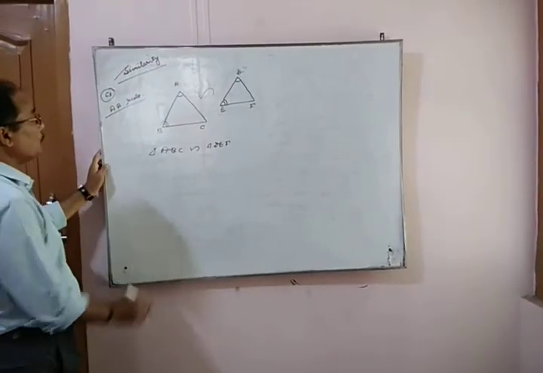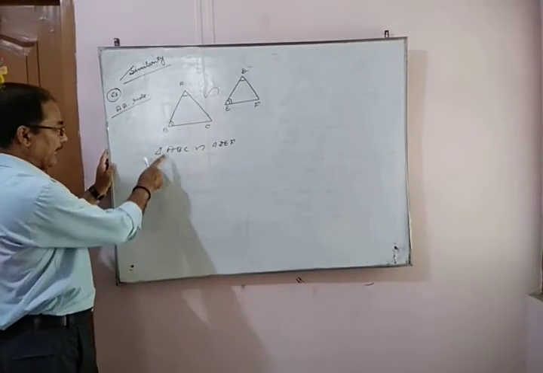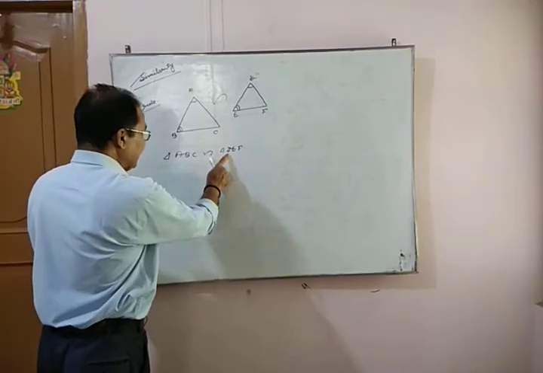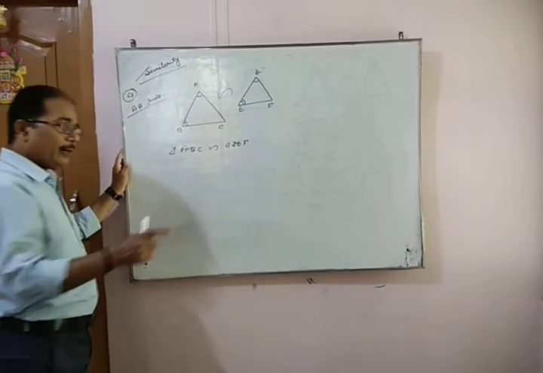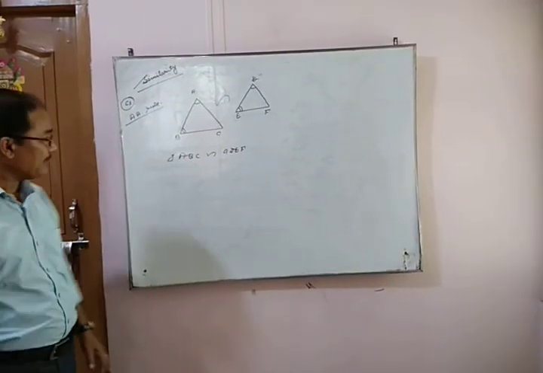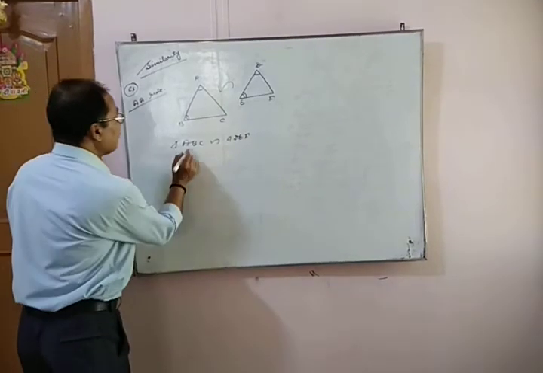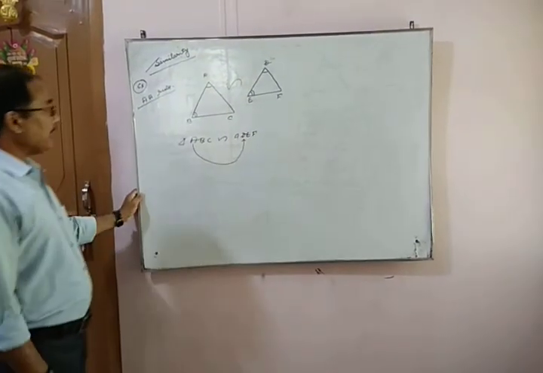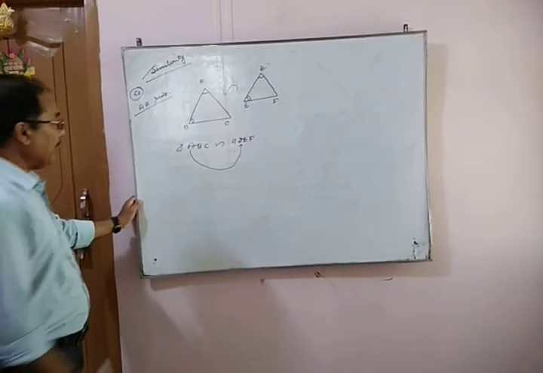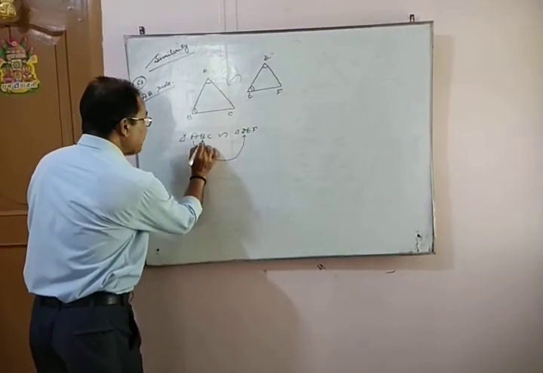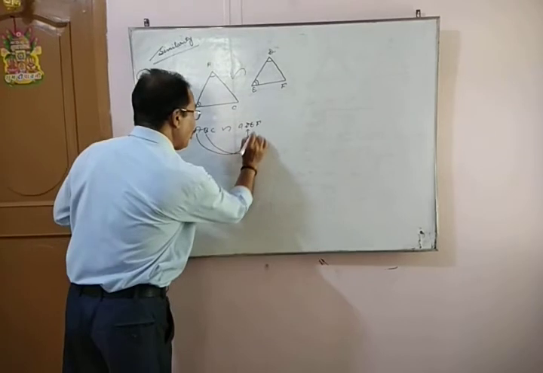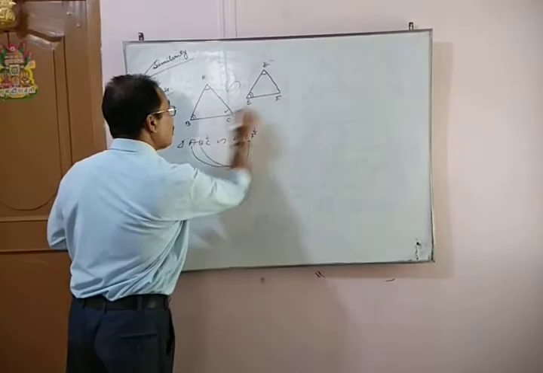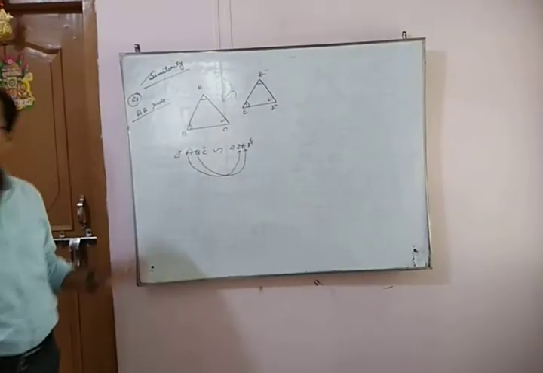For example, in triangle ABC there are three angles: angle A, angle B, angle C. Similarly, in triangle DEF there are three angles: angle D, angle E, angle F. Proper corresponding vertices means angle A of triangle ABC is equal to angle D of triangle DEF, angle B of triangle ABC is equal to angle E of triangle DEF, and so the third angle will automatically be equal, because the sum of all the angles in a triangle is 180 degrees.